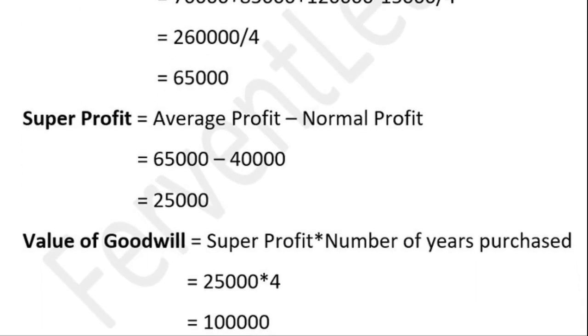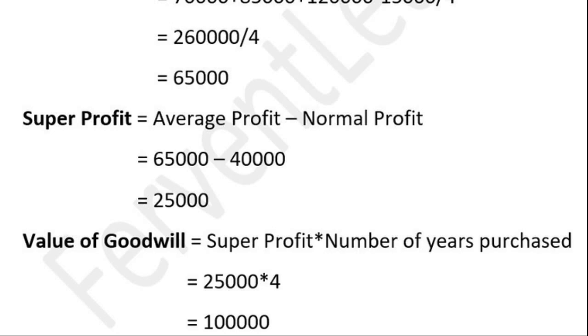So now we can easily calculate super profit, that is average profit minus normal profit. Normal profit we calculated and average profit is 65,000. So 65,000 minus 40,000, we will get 25,000 as super profit. And finally, value of goodwill.